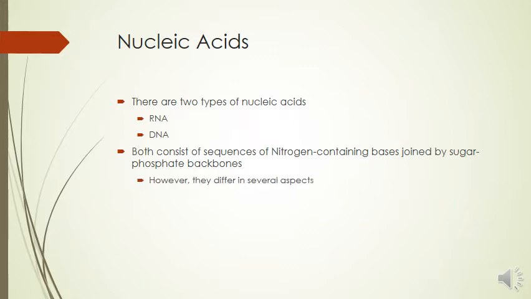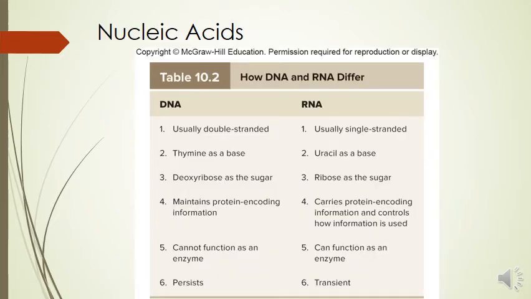However, they do differ in several aspects. This is a slide showing how DNA and RNA differ. DNA is usually double-stranded. RNA is usually single-stranded. Thymine is the nitrogenous base in DNA, and uracil is the base in the RNA that replaces thymine.